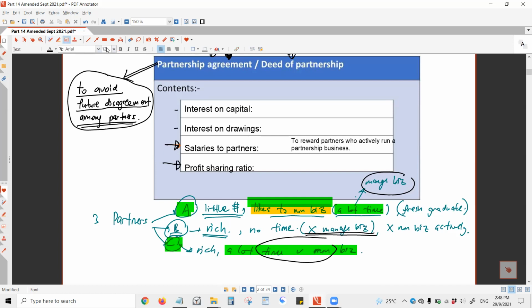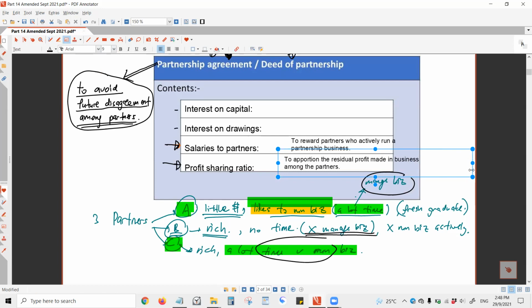And if the question asks you for the meaning, or the purpose, why you need to have a profit sharing ratio, you tell them this: to apportion residual profit.